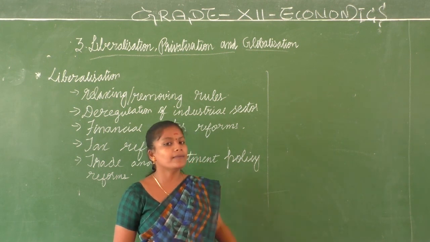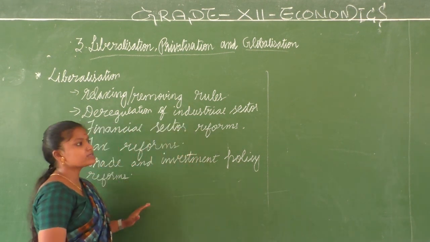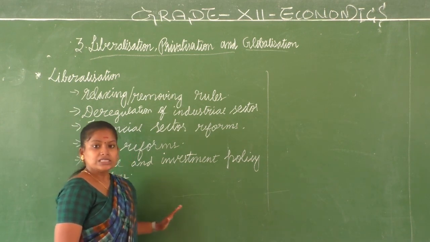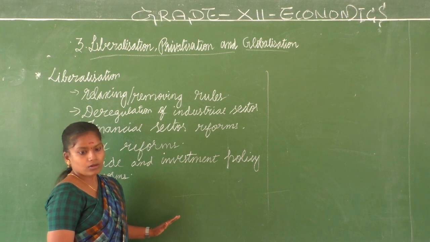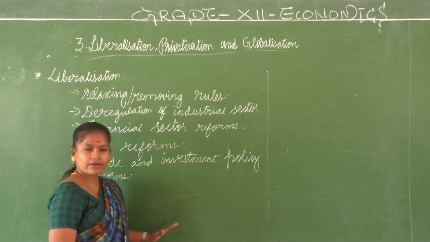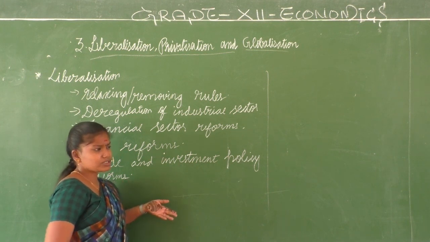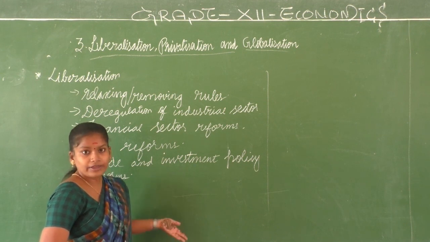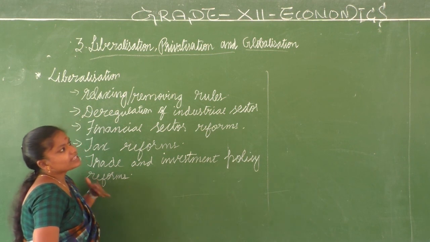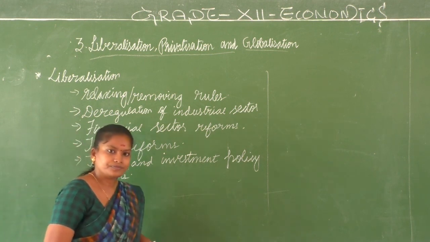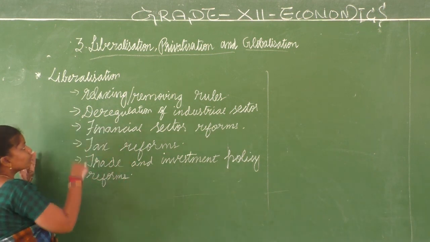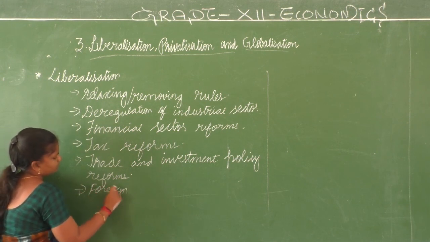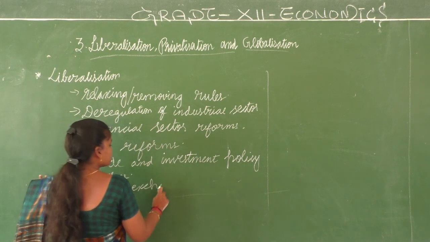So they came to that conclusion and customers started getting good products. That was imports. Similarly for exports, export duties were also removed and abolished, so as to promote exports. And one more reform through liberalization was the foreign exchange reforms.